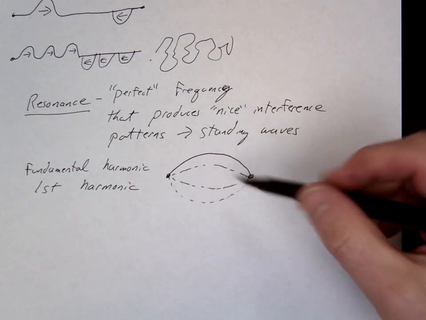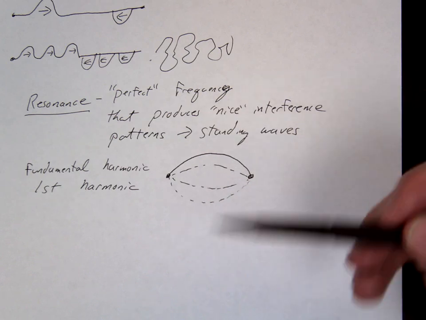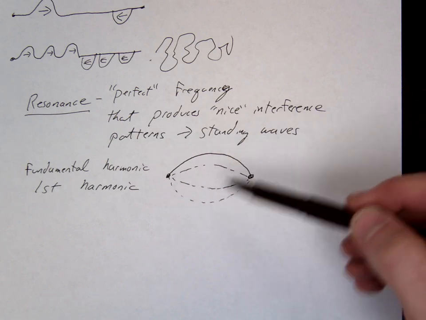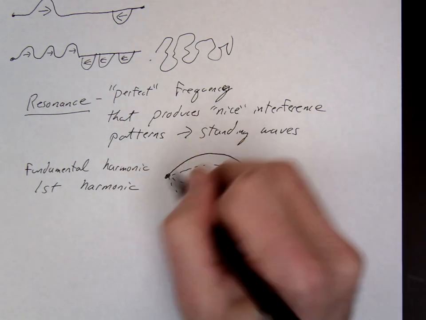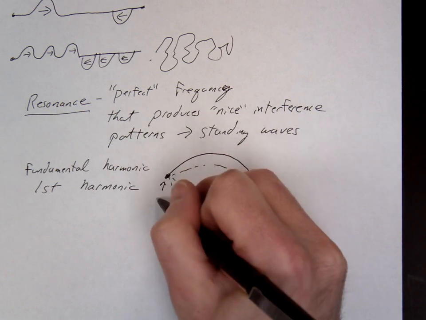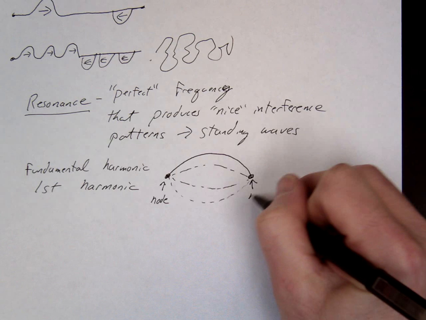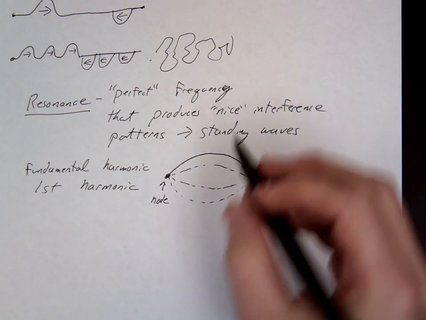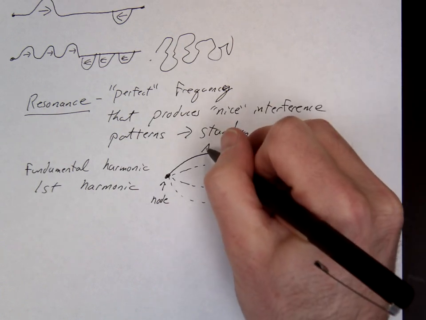So it looks like this, and it's actually oscillating back and forth, back and forth. So it's not truly standing still, but we still call them standing waves because they look like they are. Some features of this: these points right here are what we call nodes. And these points at the end are what we call antinodes.